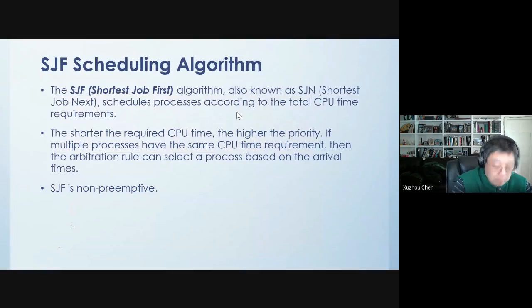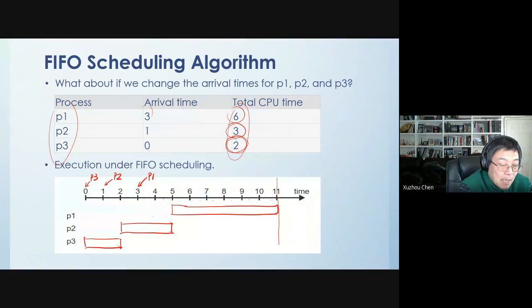Now, the second scheduling algorithm is called SJF. It's called shortest job first. The shortest job first algorithm, also known as shortest job next, schedules processes according to the total CPU time requirement. If we have 3 processes that arrive at approximately the same time, then we hope that the process with the shortest total CPU time checks out first, and then the next one, and then the next one, right?